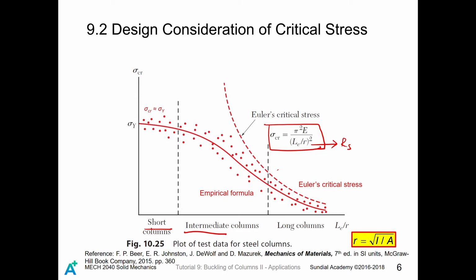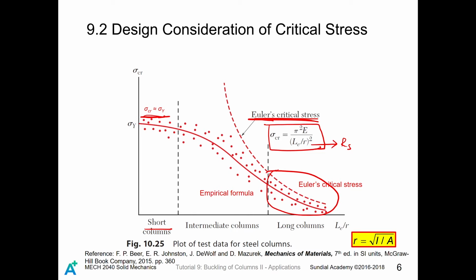For the intermediate columns, solid mechanics scholars will often use empirical equations, which are very complicated to explain at this level. While for short columns, the critical stress is just very near to the yield stress of the material. If we want to use Euler's continuous model to estimate the critical stress inside a column, this model is only applicable to long columns.